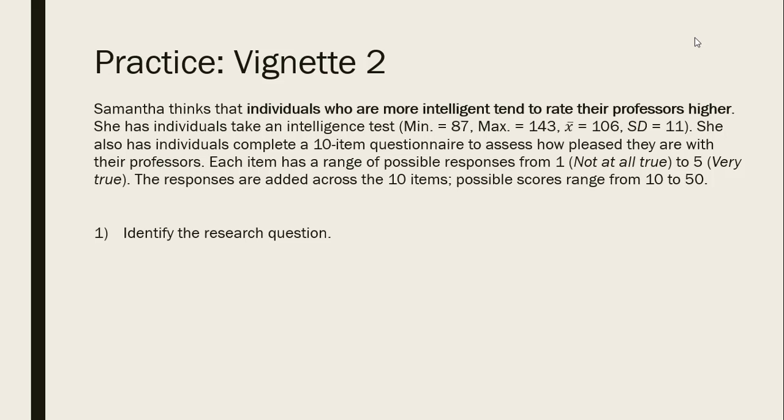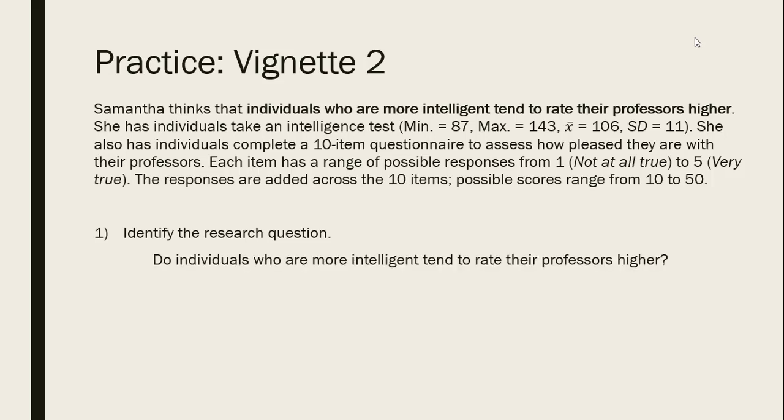So when we're looking at Samantha and her research design, the research question, right? Her idea is that individuals who are more intelligent tend to rate their professors more highly. So that's more of a statement, more of a hypothesis. We can reword it a little bit: do individuals who are more intelligent tend to rate their professors more highly? And we could even be broader than that: is there a relationship between intelligence and professor ratings or teacher ratings?